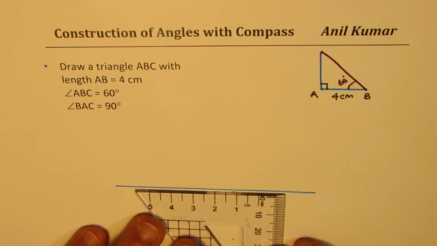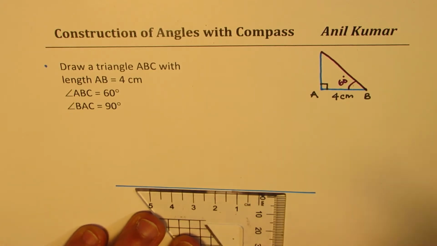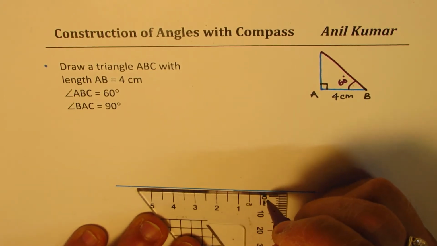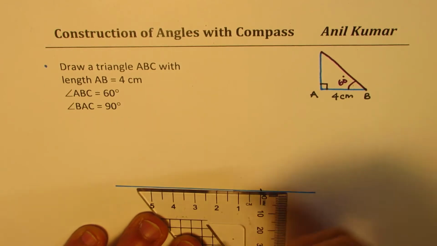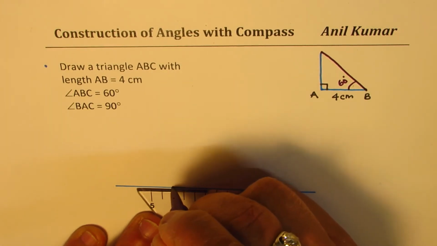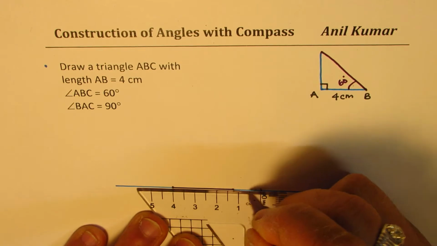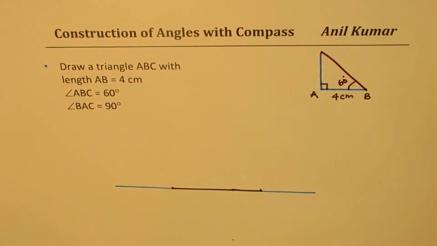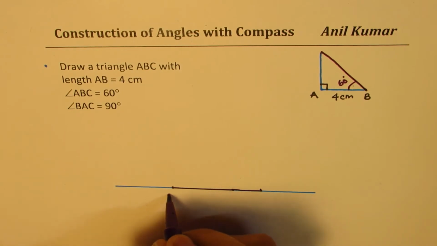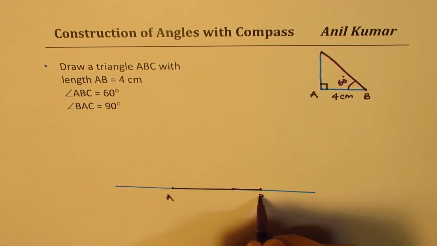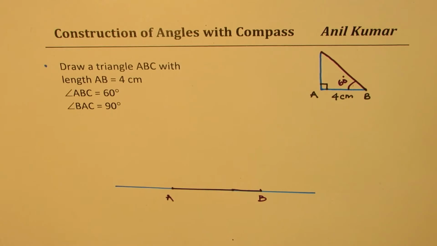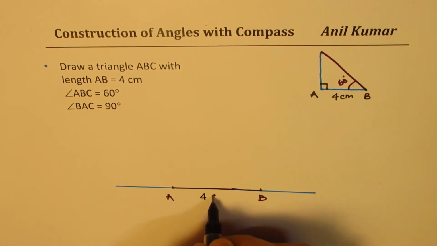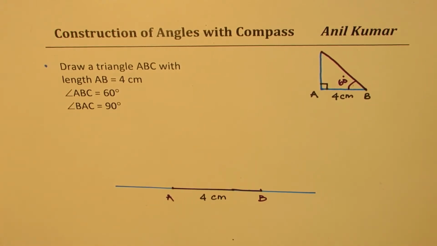So let us say 0 to 4 is what we're looking for. So let's say this is our 0 and that is our 4. So we join this 0 and 4. This compass is not very good, but anyway, we just got a line, right? So that makes point A and this is point B for us, and the distance between them we just measured was 4 centimeters.